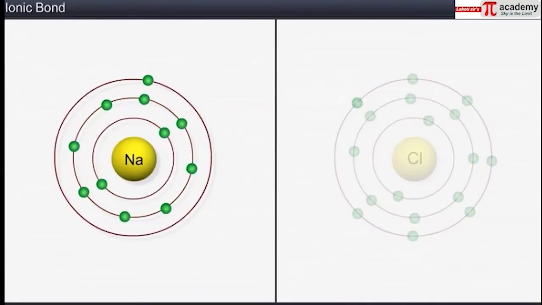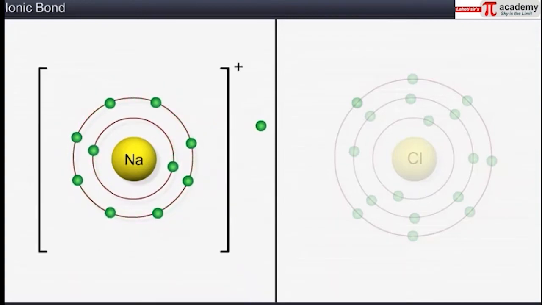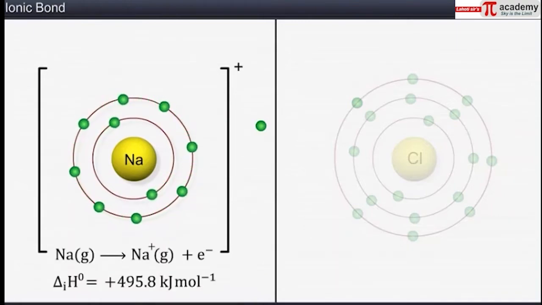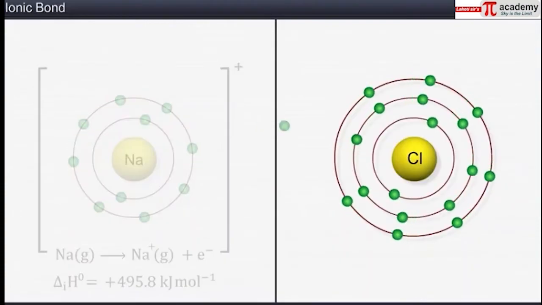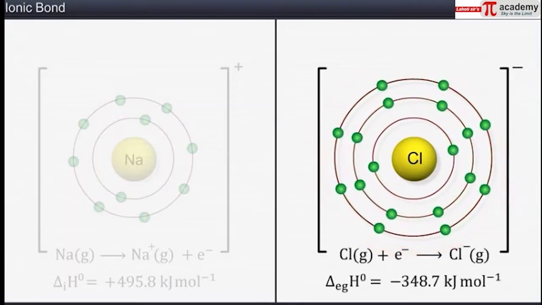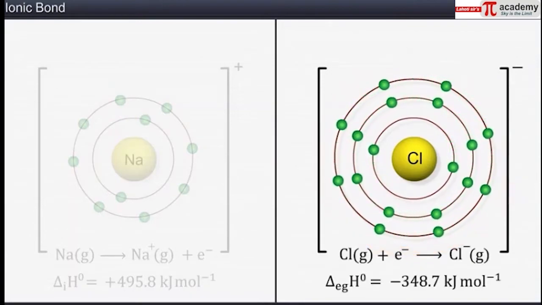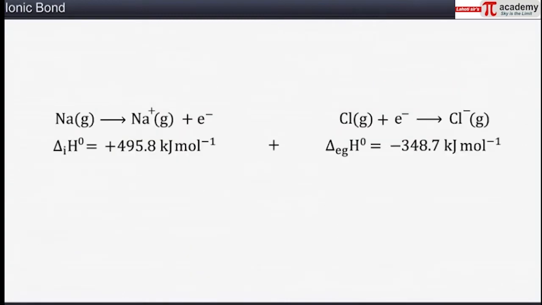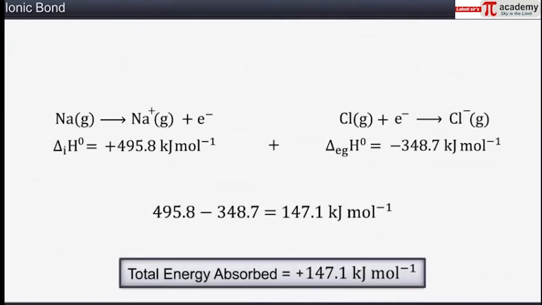For example, in the gaseous state, the ionization enthalpy for the formation of Na+ from sodium is plus 495.8 kJ per mole, while the electron gain enthalpy for the formation of a chloride ion is minus 348.7 kJ per mole. The sum of the two, which is 147.1 kJ per mole, is positive.